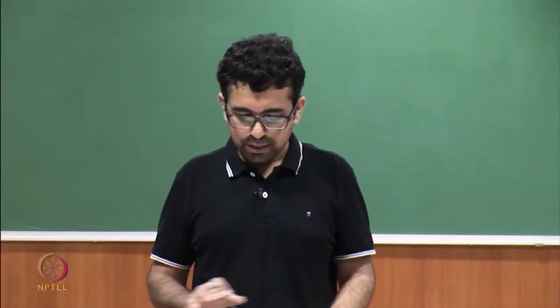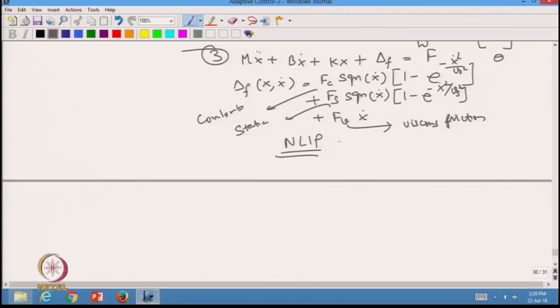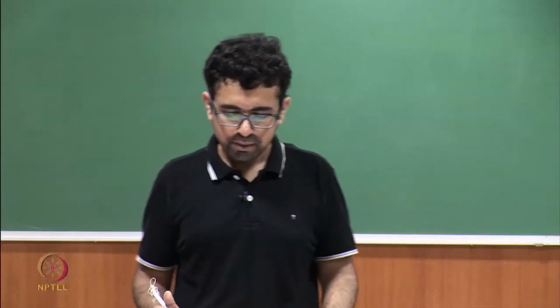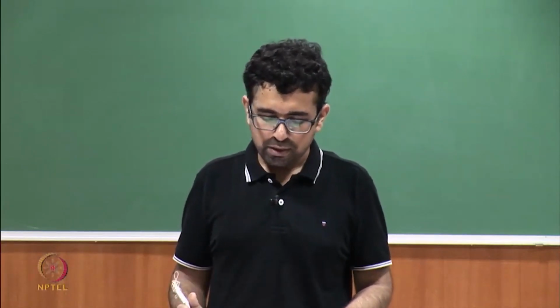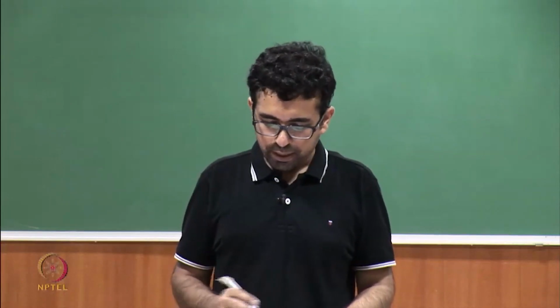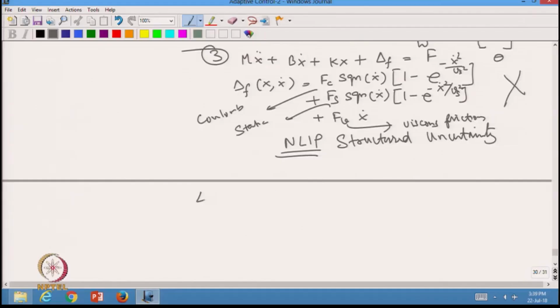So, this is still NLIP structured uncertainty. We know the structure of this uncertainty, so we still call it a structured uncertainty, although in this case it is NLIP. We can't handle this case using the adaptive controllers that we have done so far. In literature, there have been works which tackle this kind of uncertainty, but not using the tools that we have done.